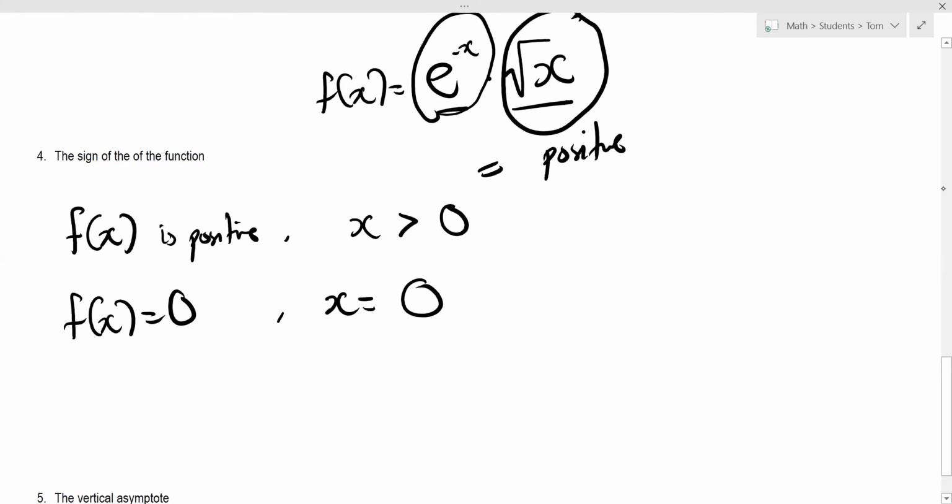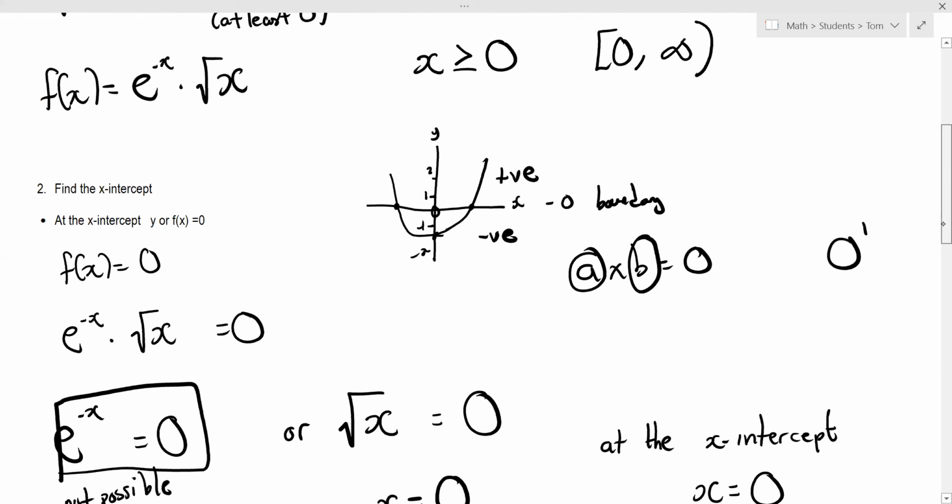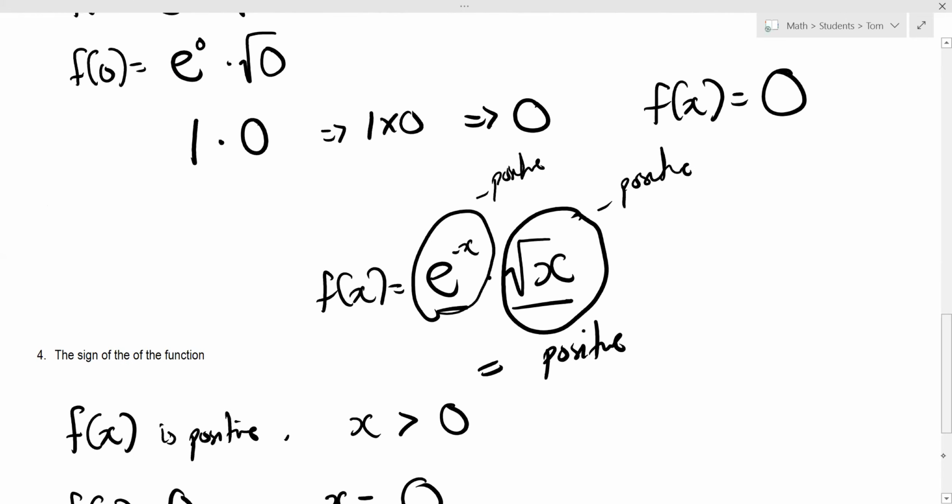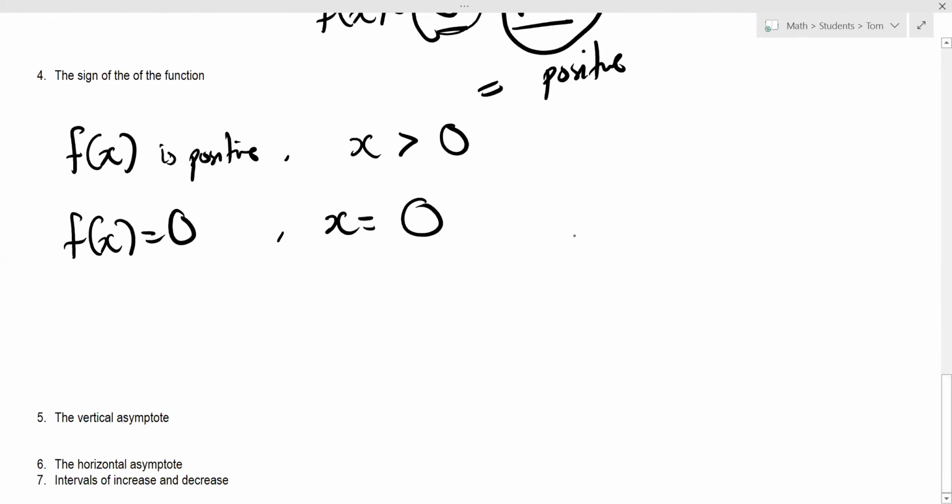Now remember the domain of this function: x is greater than or equal to 0. So we can't really check where x is less than 0, because based on the domain of this function, we can't have x less than 0. So we just have two situations: where f of x is positive and where it is 0.